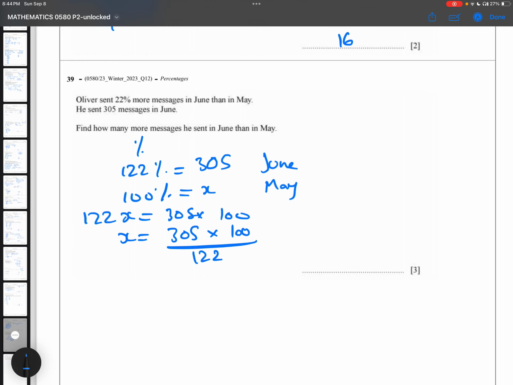Now let's solve. 305 multiplied by 100 is 30,500, and we will divide this by 122. We get 250. x is equal to 250.